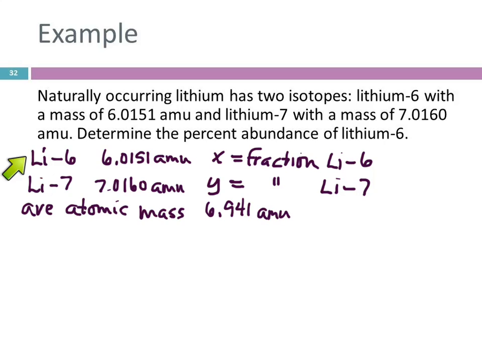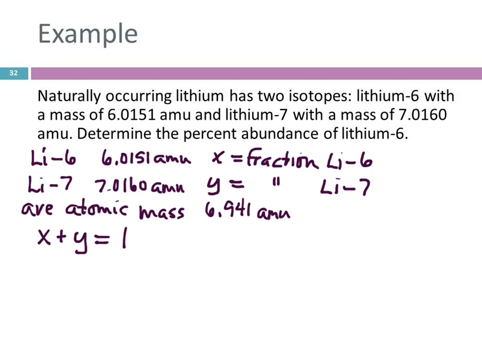So the percent of lithium-6 plus the percent of lithium-7 equals 100%. So if the percentages add up to 100, the fractions add up to 1. So that means that x plus y equals 1. The fraction of lithium-6 plus the fraction of lithium-7 equals the whole thing, 1.